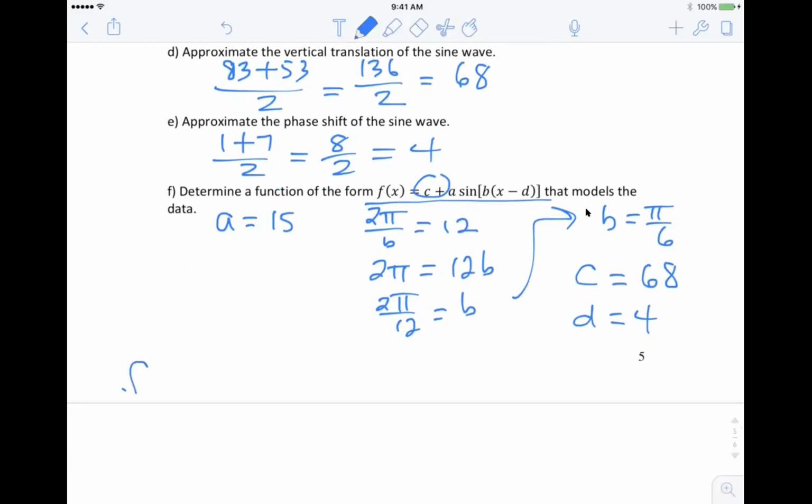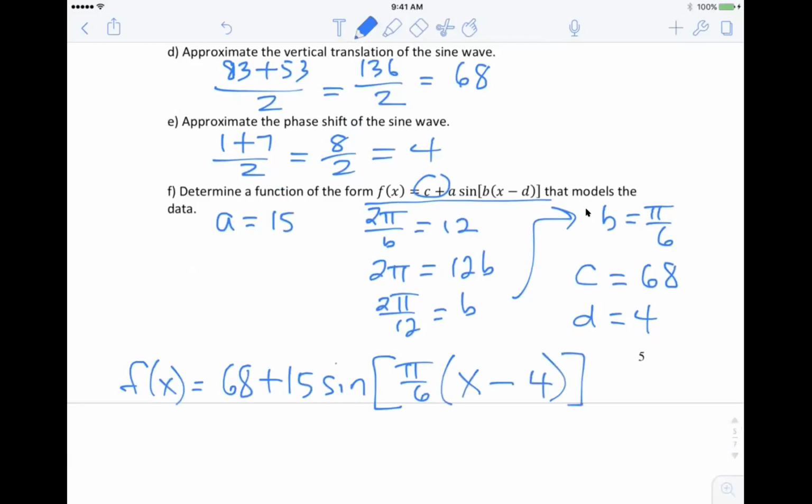So we're going to have f of x equals C, which is 68, plus A, 15, sine, bracket, pi over 6, parenthesis, x minus 4. Okay. And we've got it.